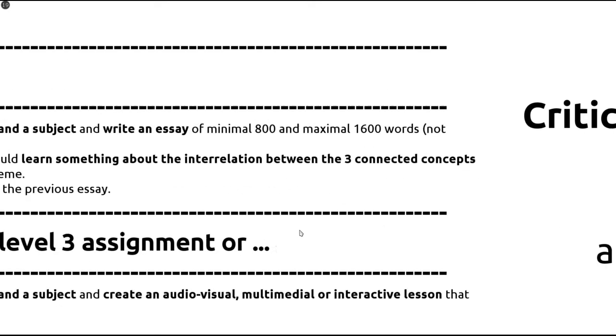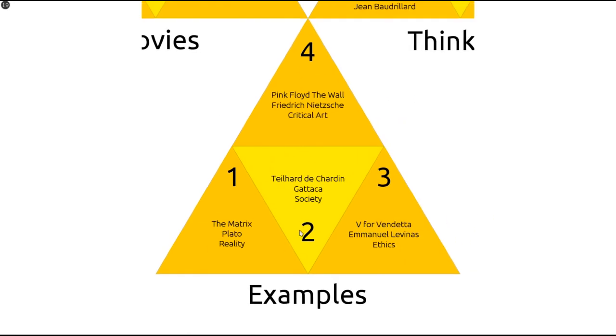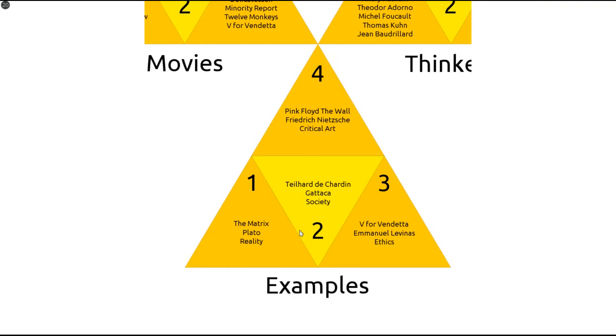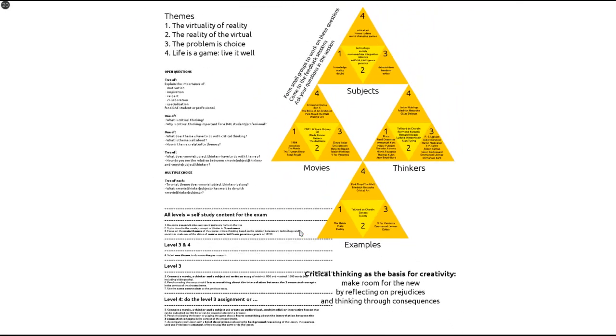Some examples of combinations for level 3 and 4 students can be seen in this triangle. These are, of course, only examples, but the principle should always be to combine one subject, thinker, and movie from the same theme, using that theme as the focal point.